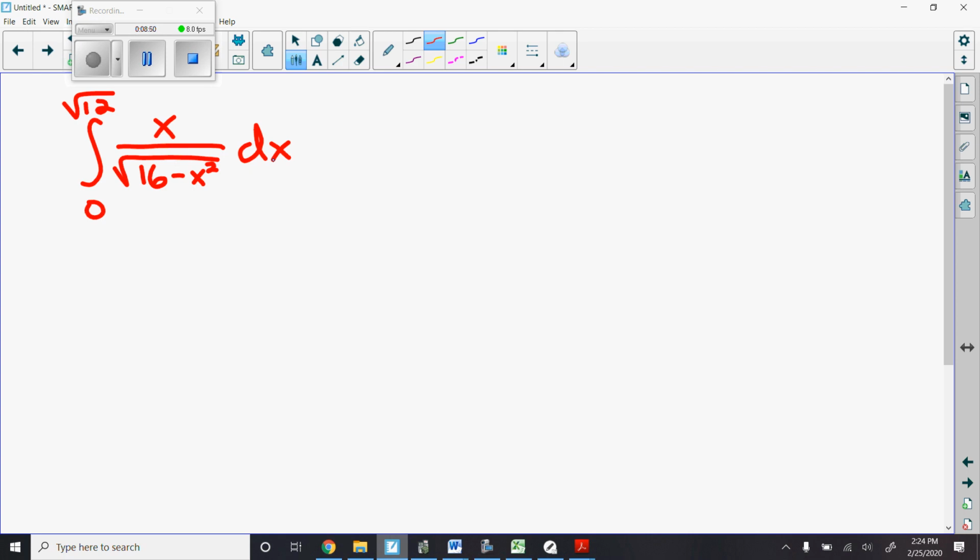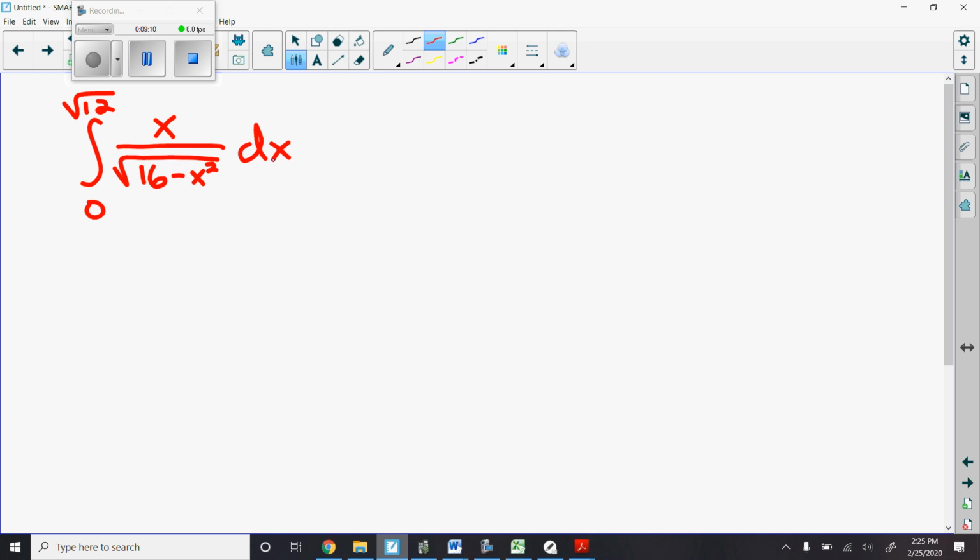Again, when I take a look at this setup, what I notice is 16 minus x squared, right? The derivative of that would be negative 2x dx, and that's similar to what I have on top, x dx. So I'm going to choose my u to be 16 minus x squared.